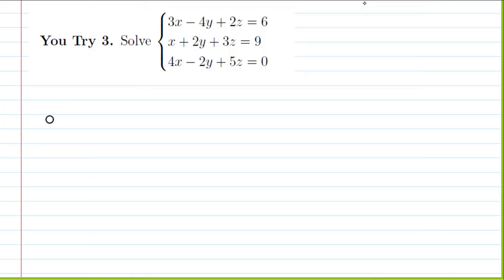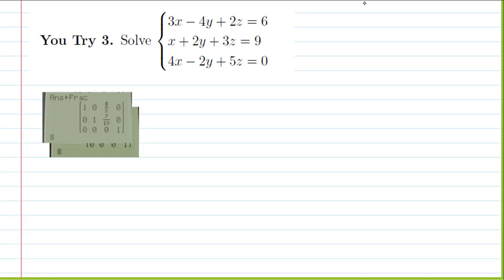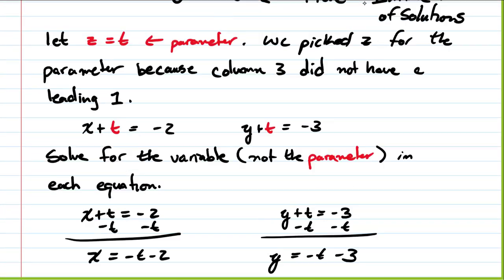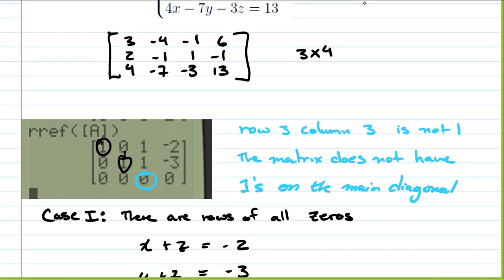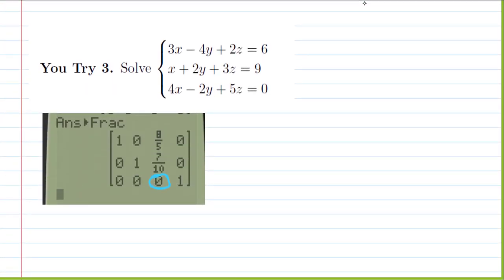All right, so after RREFing this thing, we notice that we are in a similar situation to the previous example. I don't have a 1 on the main diagonal, right? So just like what happened up here, row 3, column 3 doesn't have a 1 on the main diagonal.